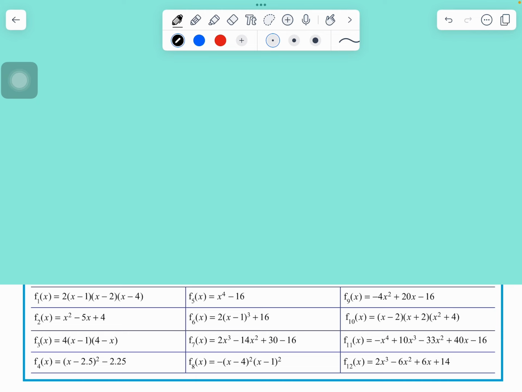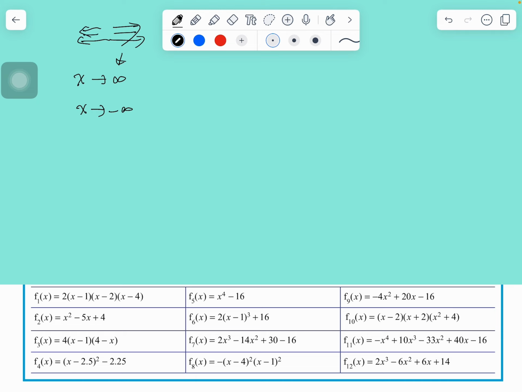End behavior means both ends. The end means x gets larger or smaller, so x goes to infinity or negative infinity. Infinity goes towards the right side of the x-axis, and negative infinity is the left-hand side.